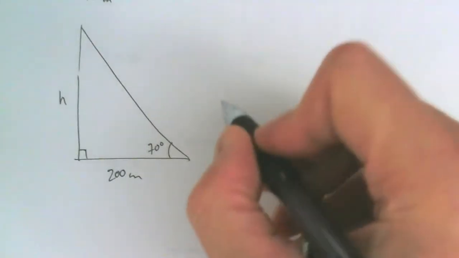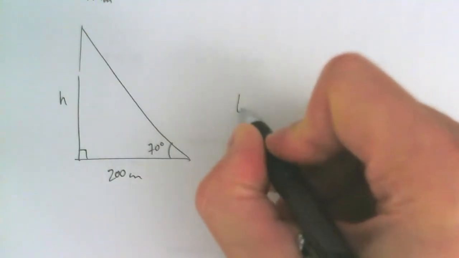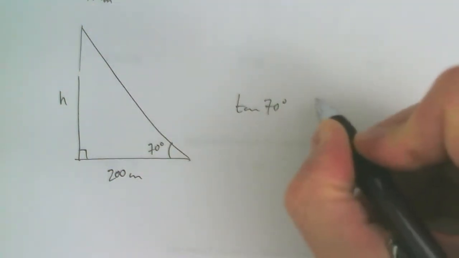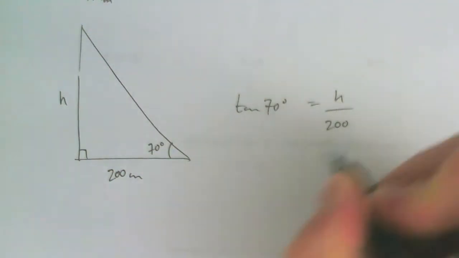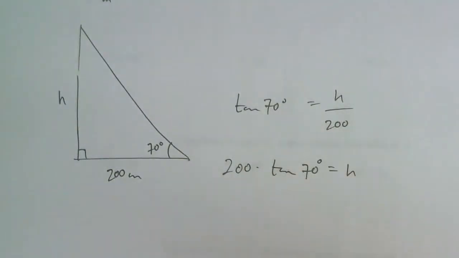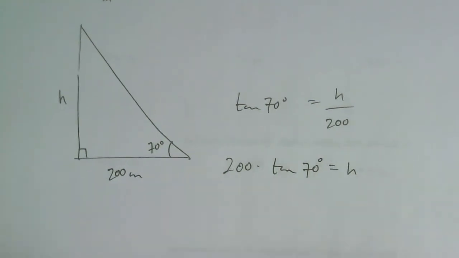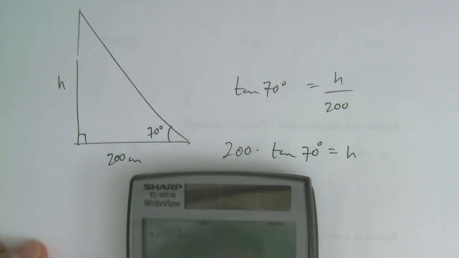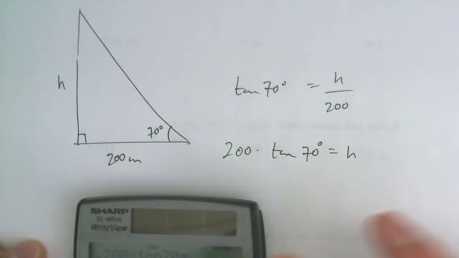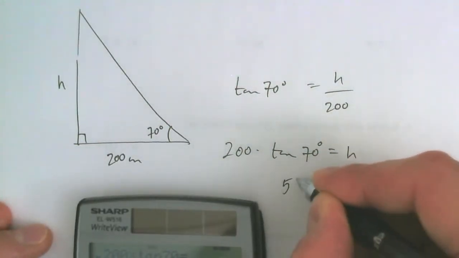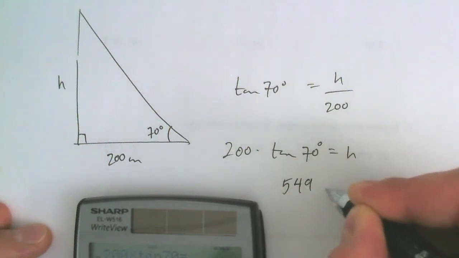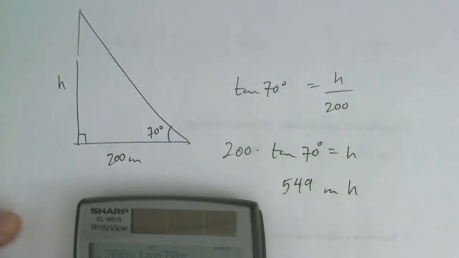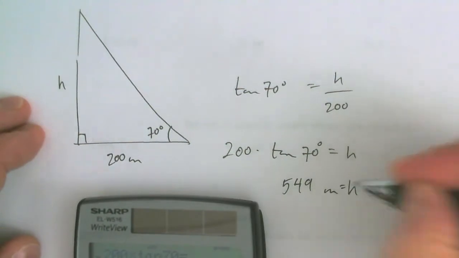So once again, we could use the tangent ratio as we did before. And here we're getting 549 meters, which is approximately the height.